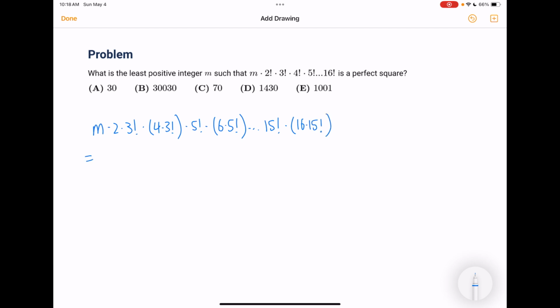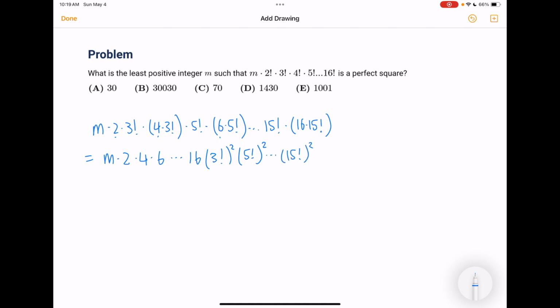And then this would give us m times 2 times 4 times 6 all the way up to 16. Okay, so that's just these numbers: 2, 4, 6, all the way up to 16. And then we still have the remaining numbers, so 3 factorial squared, and then 5 factorial squared all the way up to 15 factorial squared.